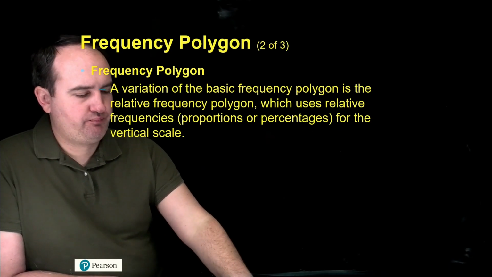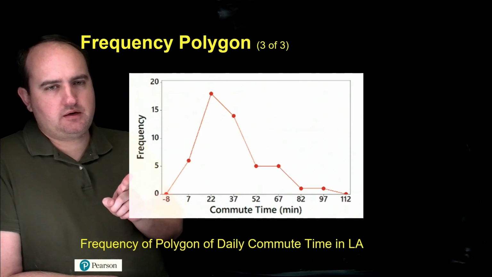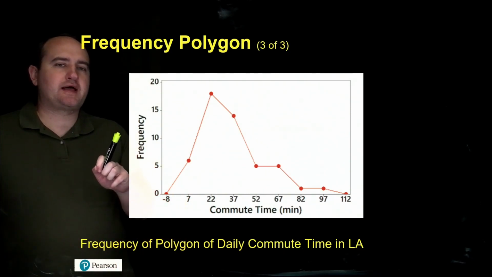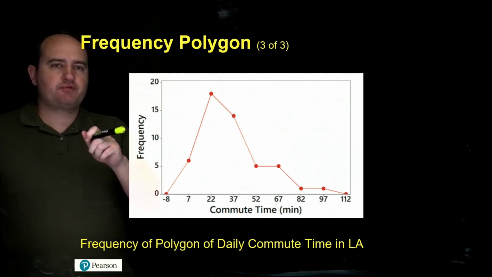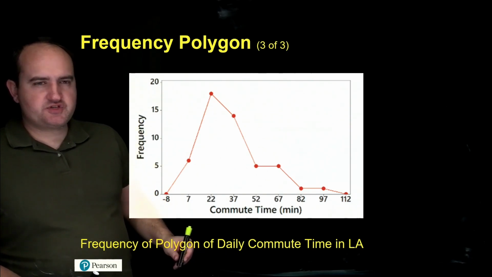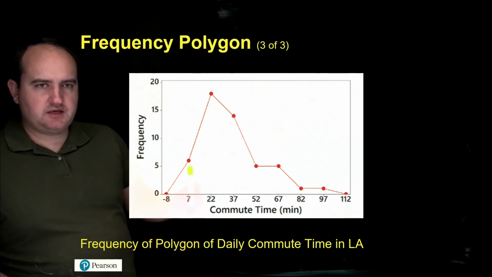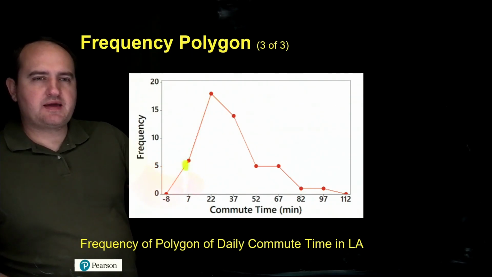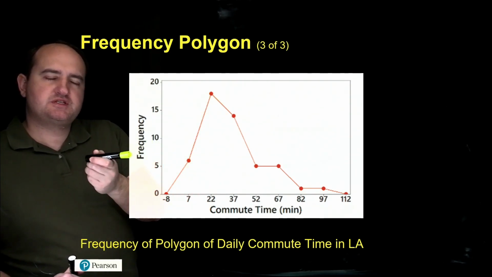So if we look at this one here, this one is a frequency polygon because we can see that the vertical axis represents frequency. And as you can see here, just like with a histogram, you can look at each dot here, and that will tell us the frequency for that class.